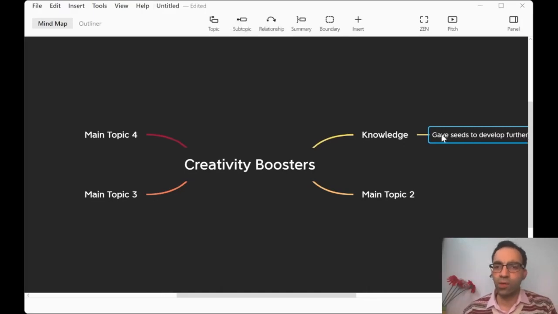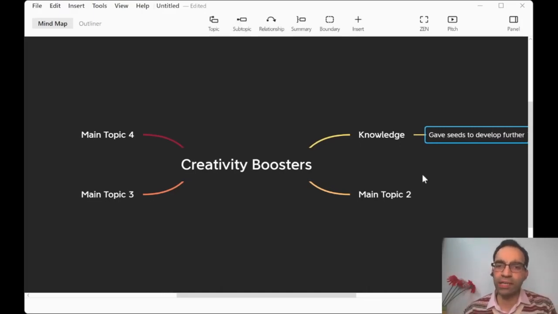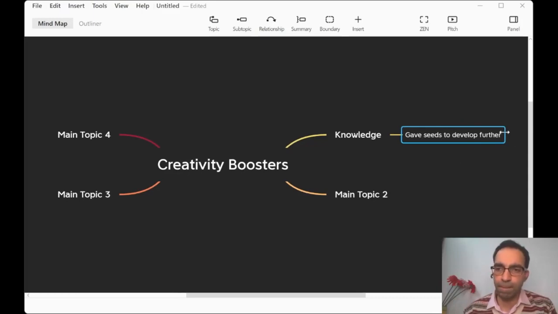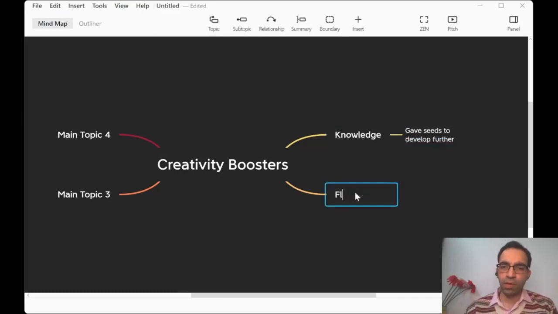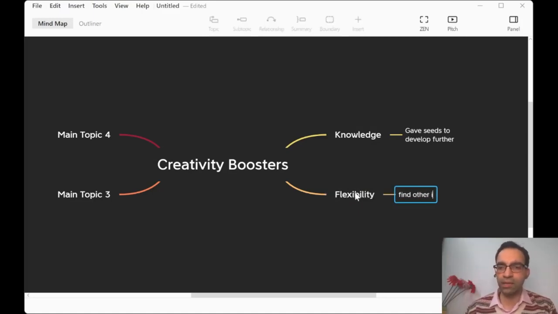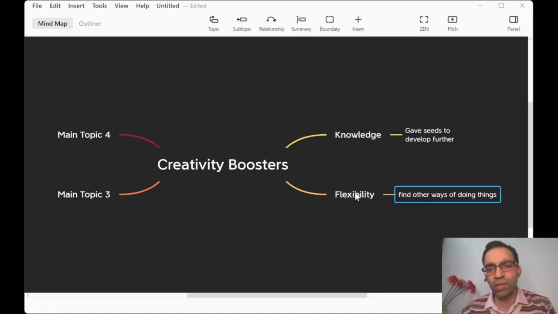What else helped us to come up with more ideas? To think in some other direction on how we can use that. Okay, so let us say flexibility. Find other directions or other ways of doing things. What else?